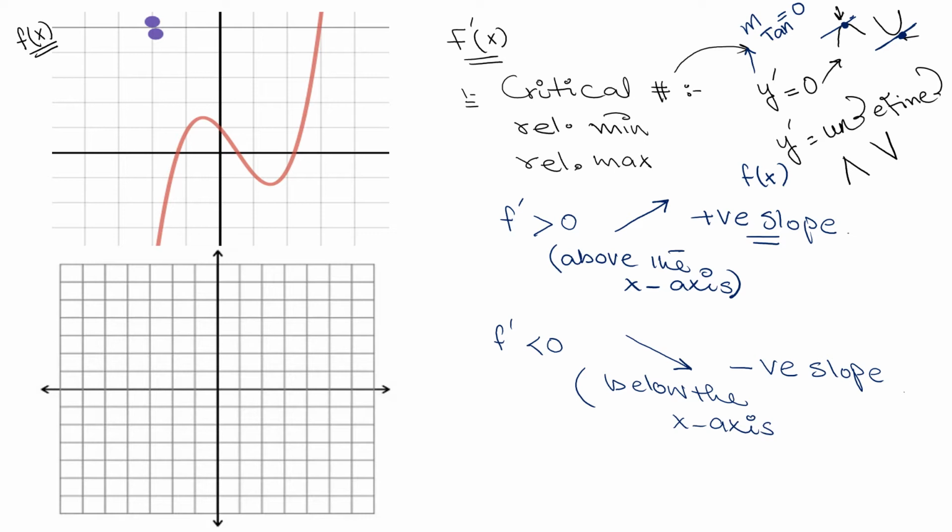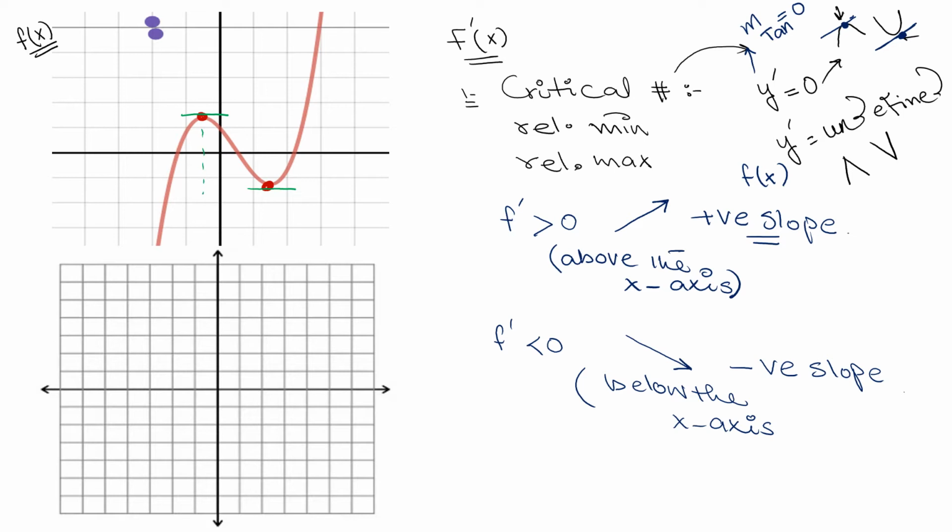Now, how to start? The starting point is to find wherever the critical points are, or the slope of the tangent line is 0. So here you have the slope of the tangent line 0, and at this relative minimum the slope of the tangent line is also 0. Now check, here the slope is 0, here the slope is 0. What do we do?